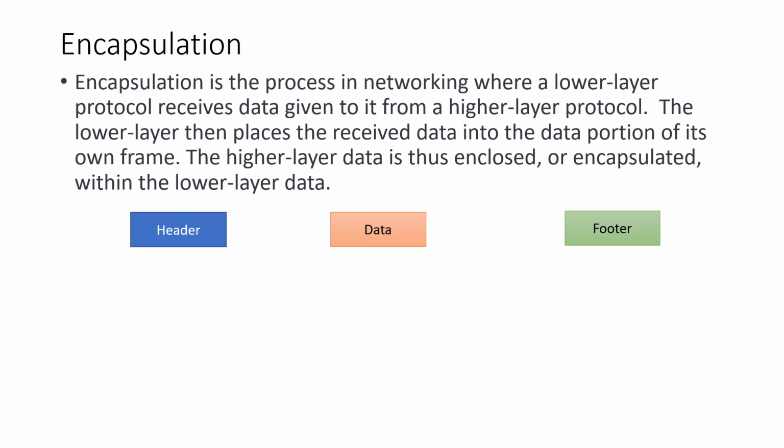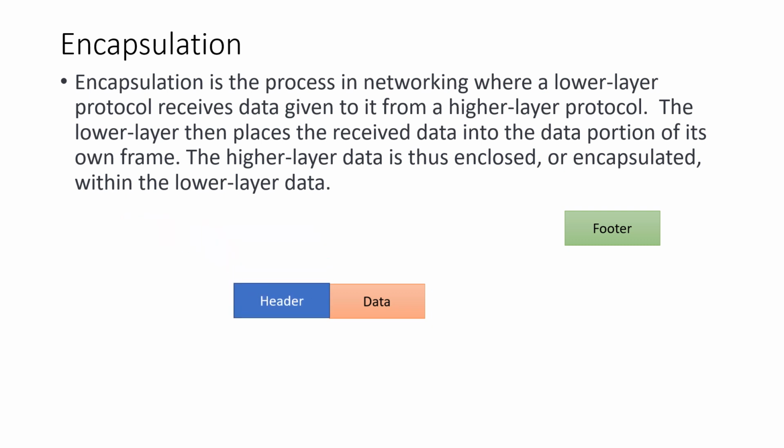Let's take a look at how this might work by looking at one layer in a network and how encapsulation occurs. In this example, we have the data which could represent the letter in our post office example. We want to slip this into an envelope on which we have to provide instructions on where this is to go.